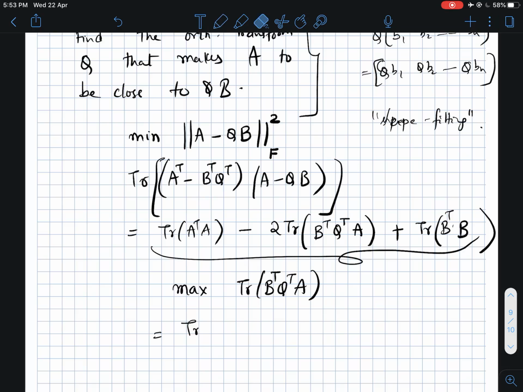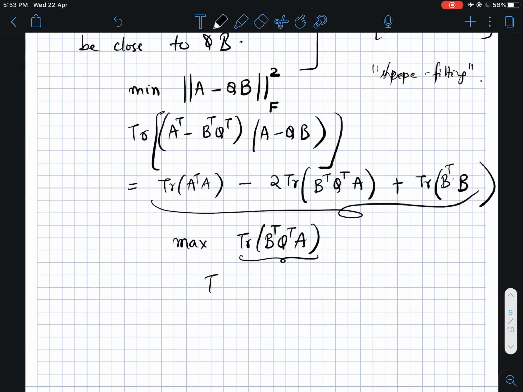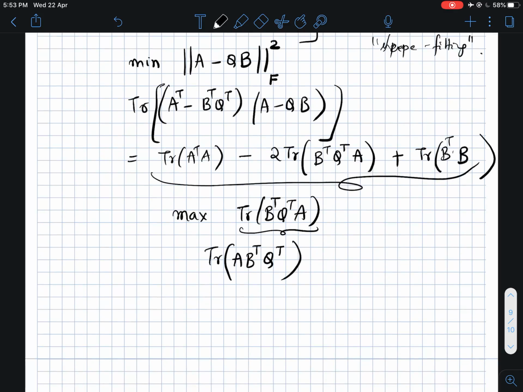Now, to work on this a bit better, I'm going to use the cyclic property of trace to isolate Q on one side. I'll write it as trace of A B transpose Q transpose. There are many ways to write this, but let's write it like this, with the cyclic property of trace.